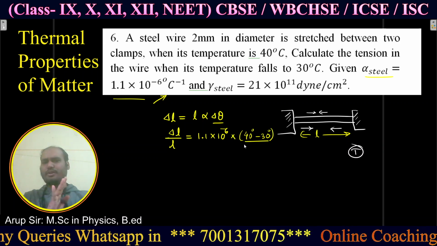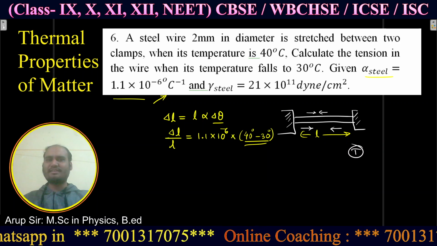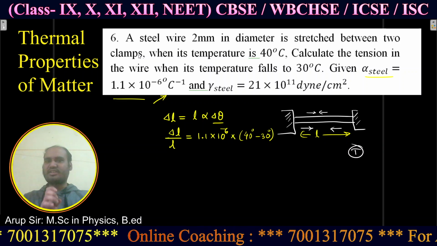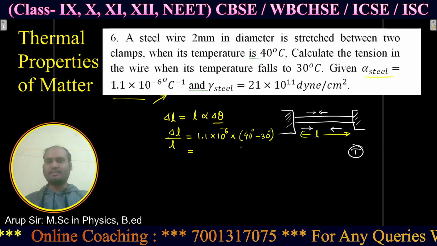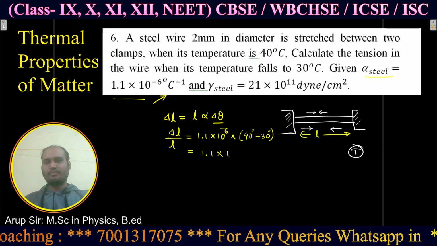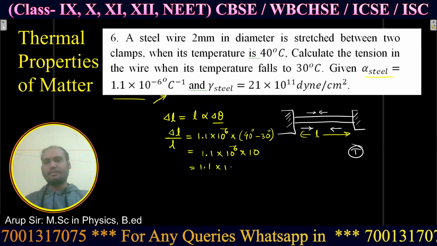You can put it, no problem, the answer will be negative, like 30 minus 40 is minus 10, giving the length contraction, but I need only the value. So this is why I am putting capital minus small. So 1.1 into 10 to the power minus 6 into 10 is 1.1 into 10 to the power minus 5.